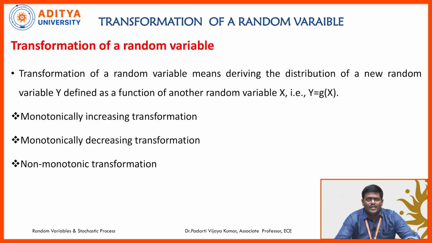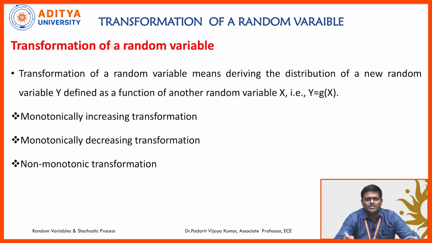So what is meant by transformation of a random variable? Transformation of random variable means deriving the distribution of new random variable function defined for another random variable. Let us take two random variables x and y. When we do the operation on random variable x, we will get a new random variable y. We can do different types of operations. In general, the operations are monotonic transformation.